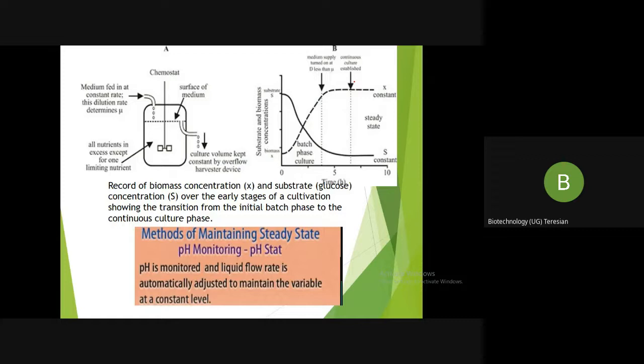It is prolonged based on the biomass concentration and the substrate concentration. Both are important. That is your biomass, your microorganism, and the substrate on which your microorganism feeds. That will determine the transition from the batch phase to the continuous phase. Hope this is clear.